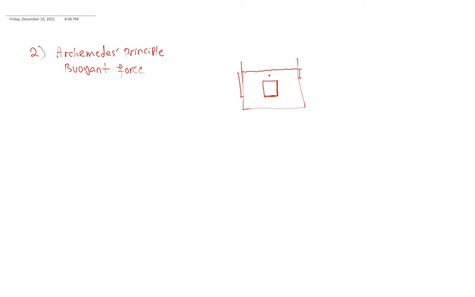Okay, so there will be a force here called F1, which will be equal to pressure 1, the pressure at this level, times the cross-section area of the face of this cube. Let's call it A. So that's the total force being exerted by the fluid downward at the top surface.